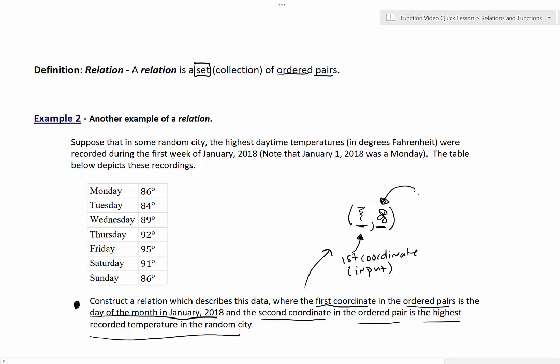The second part, go figure, that's your second coordinate, or as we're going to eventually also call the output. We'll talk about that kind of vocabulary when we talk about functions. The whole thing is an ordered pair. It's just a pair of things that are in a specific order. We keep track of which thing is which.